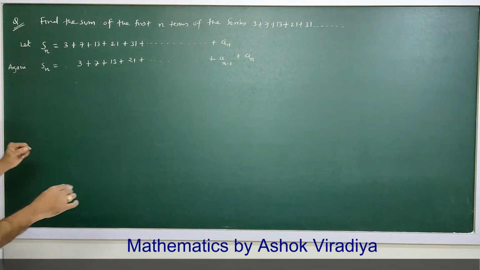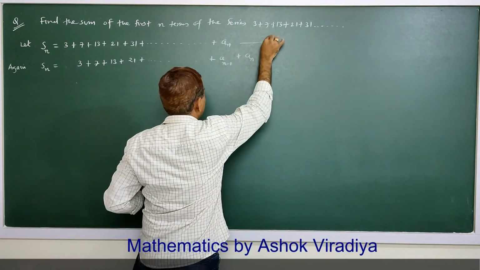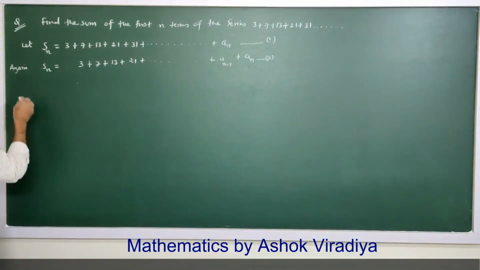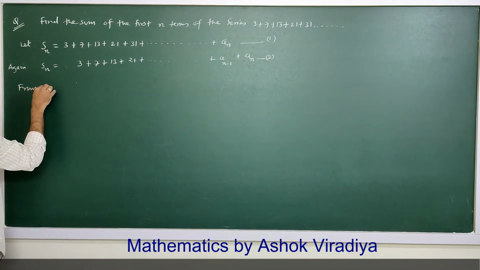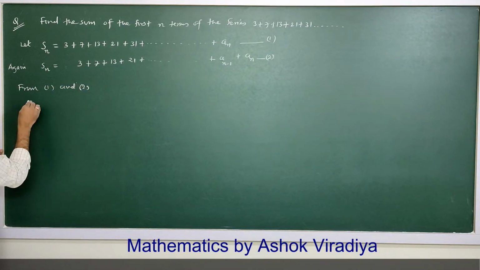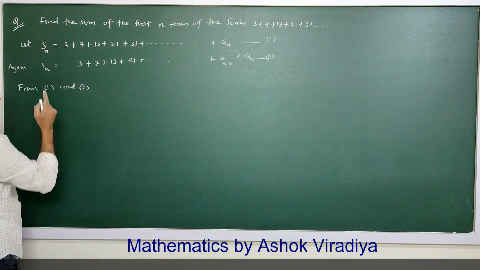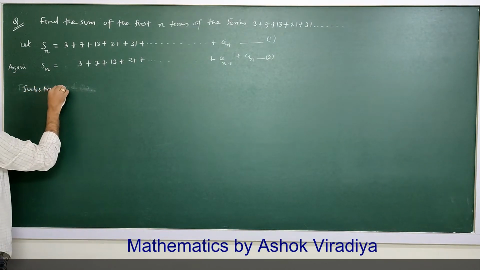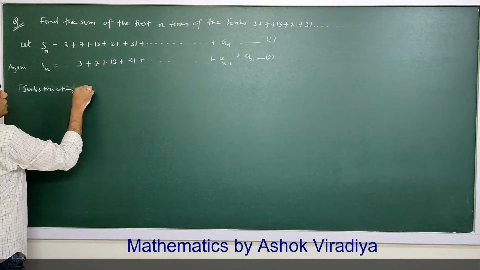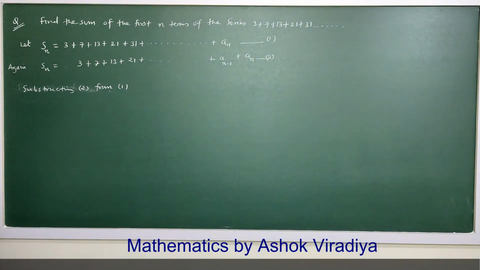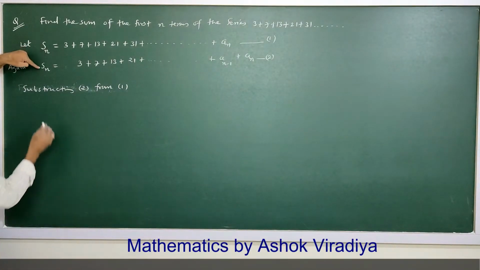Now what we are doing, we are taking subtraction of 1 and 2, subtracting equation number 2 from equation number 1. So see, Sn minus Sn is 0.